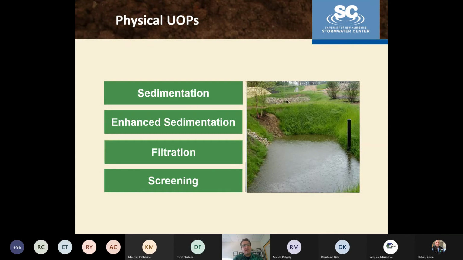Enhanced sedimentation is something that I would use to describe hydrodynamic separators or swirl concentrators, any small system that would swirl water in order to enhance that particle settling. And there's physical limits to this process, right? This becomes physics, because when you're using hydrodynamic separators, and this has already been proven over a decade ago, there's a limit to the particles that you can settle out.